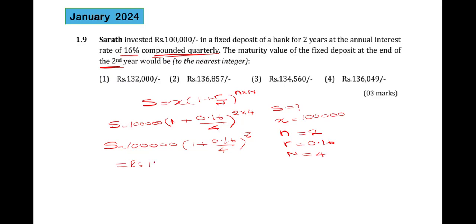Then 136,857. This is the nearest value. Which one is correct? The second one, 136,857. Right.